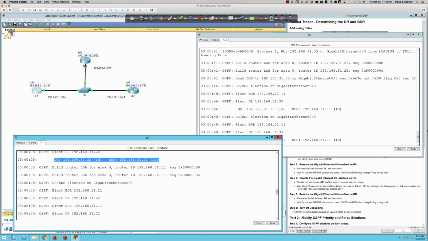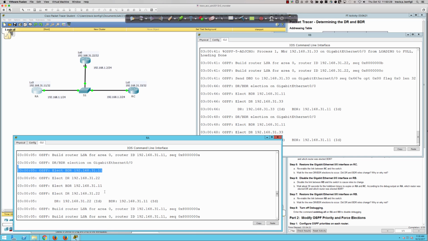Now we go down here, and we get another link state LSA that gets built by router 1. So the BDR was elected first. Router 2, or router B, promotes itself to the DR, and then we have the election for who's going to take over the role of the BDR.